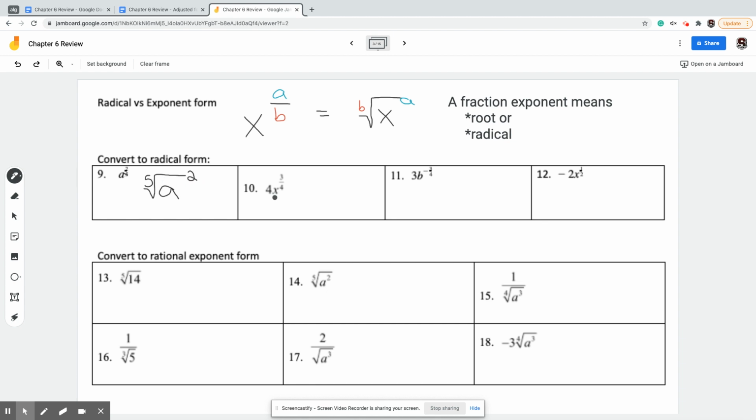Number 10 is slightly different because we have 2 things involved, the 4 and the x. Well, the 4 is not raised to 3 over 4. See, this is an exponent, and the exponent is attached to the x. So the x is going to be under the radical. I'm going to put a big old 4 on the outside.